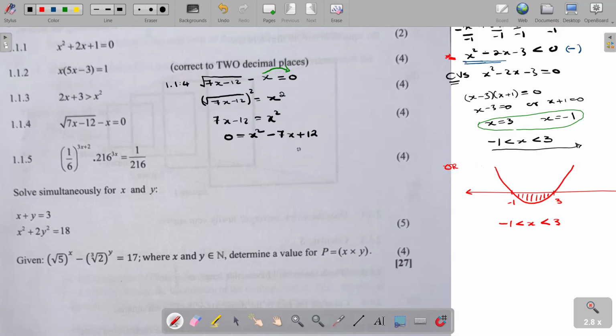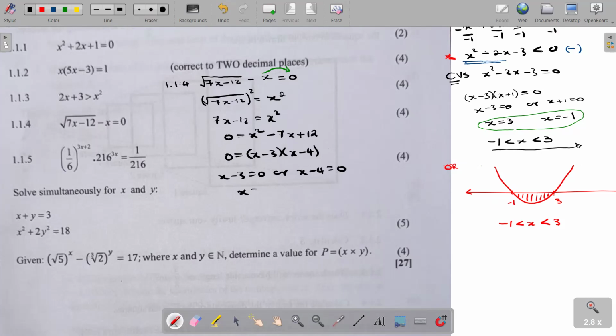So with the quadratic equation, as always, you can use the quadratic formula, which I recommend in most cases, or you can use factorization. If we were to use factorization here, we're going to be left with x minus 3, x minus 4. Then you solve your x minus 3 equal to 0, or the x minus 4 equal to 0.